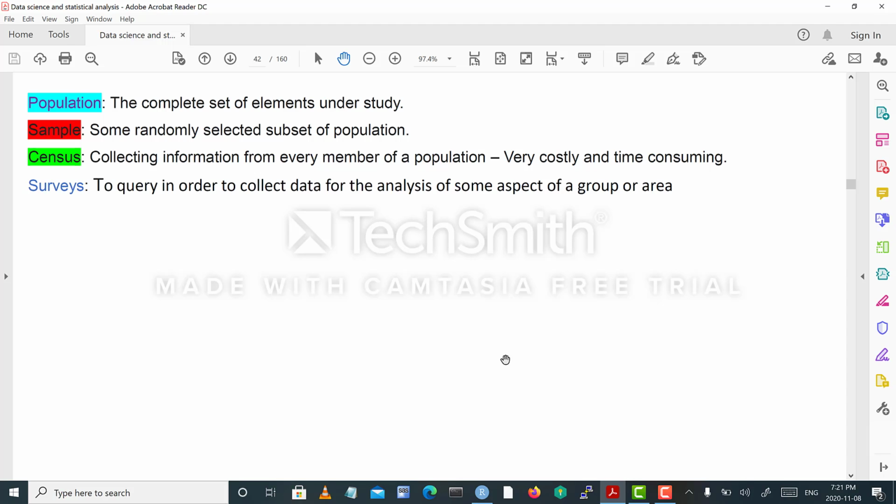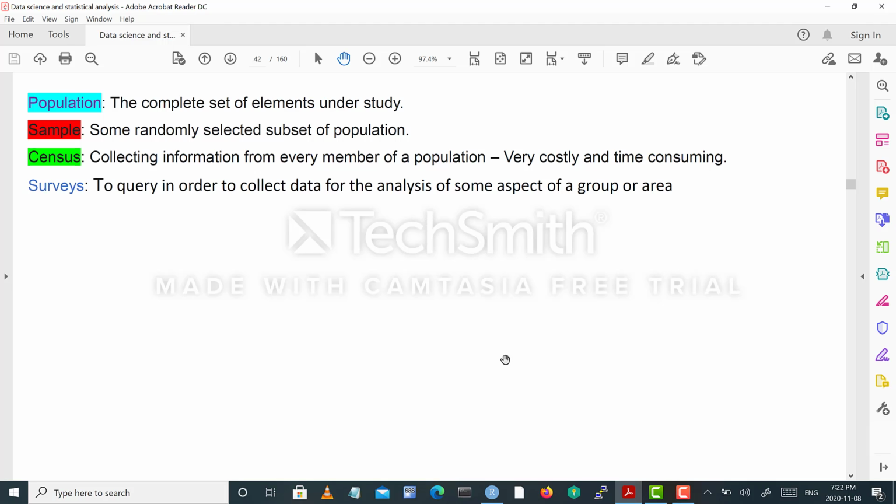Population, the complete set of elements under study, for example, all the people of a country for an election. Sample, some randomly selected subset of the population, like a part of a city or a county or some people gathering in some intersection or street.